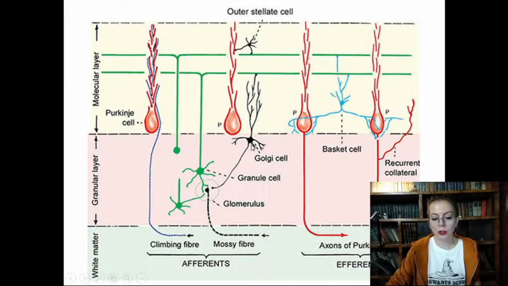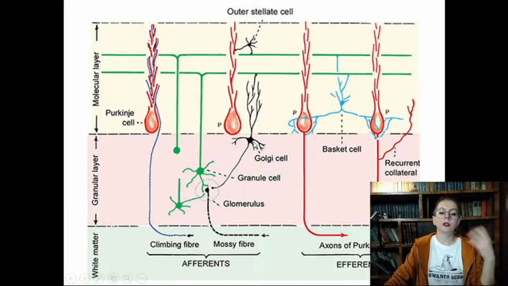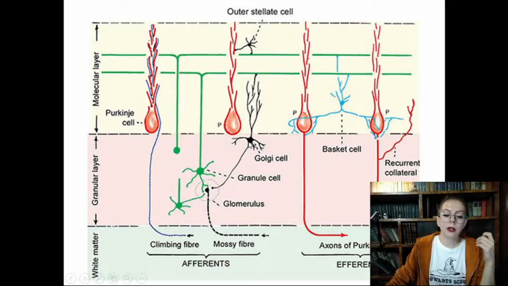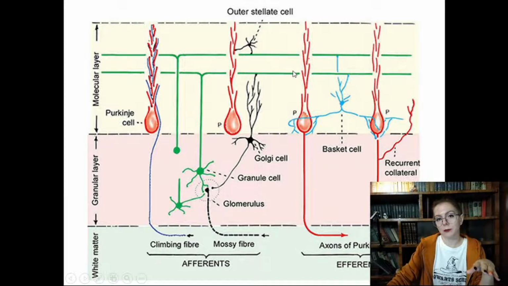Then, what other cells could be found here? First of all, Golgi cells located in the granular layer. Golgi cells are interneurons, and they have their axons and dendrites directed towards the synapses between the mossy fibers and granular cells and axons of granular cells.